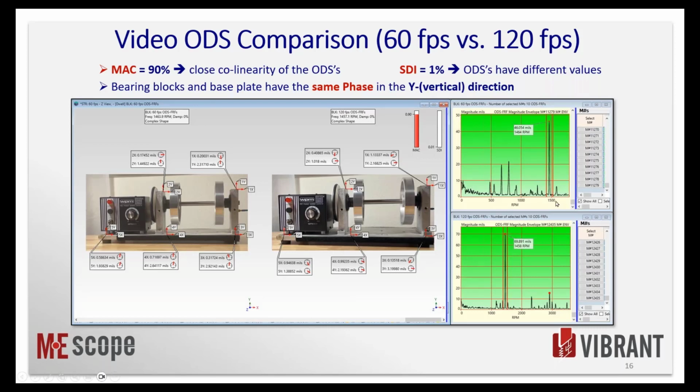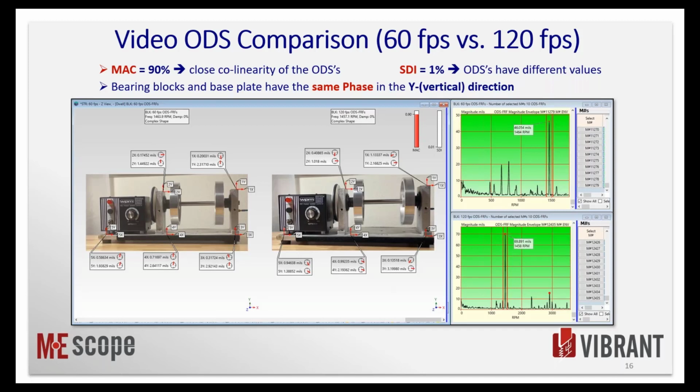But what we're looking at are 10 selected out of over 11,000 measurements from this video over here, and down here we got 12,000 measurements from this video. So a lot of measurements.